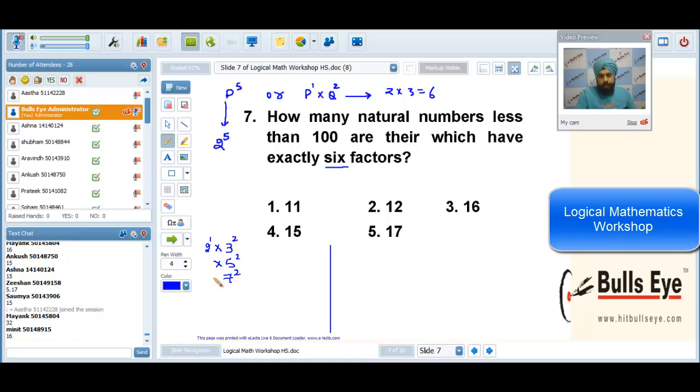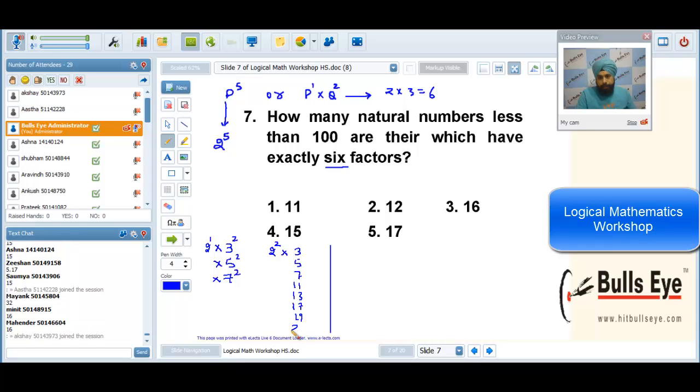All these products are less than 100 only. Then if I take 2 raised to power 2, now this you can multiply with 5, 7, 11, 13, 17, 19 and 23.